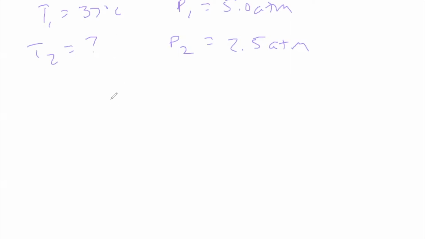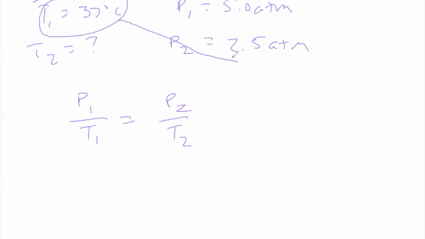We have pressure and temperature. We use Gay-Lussac's law for that one, which says that P1 over T1 equals P2 over T2. All we need to do is plug in the values and we can solve. Just remember that with temperature, you have to have it in Kelvin.